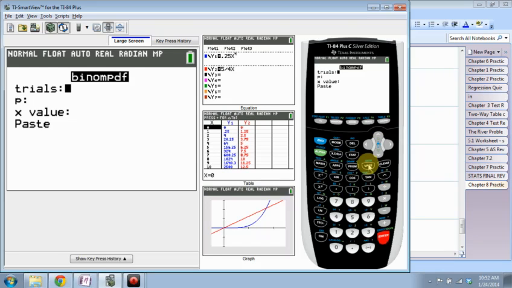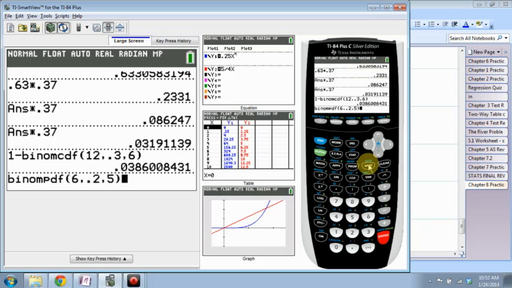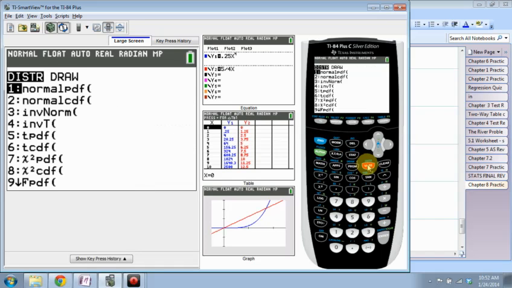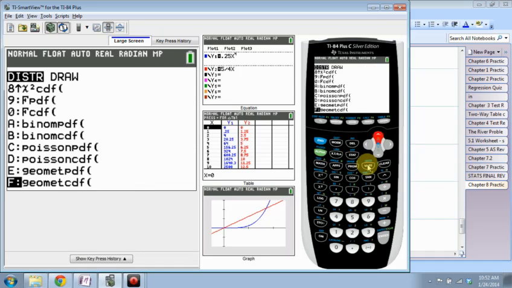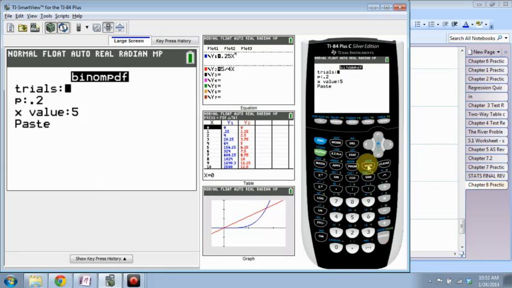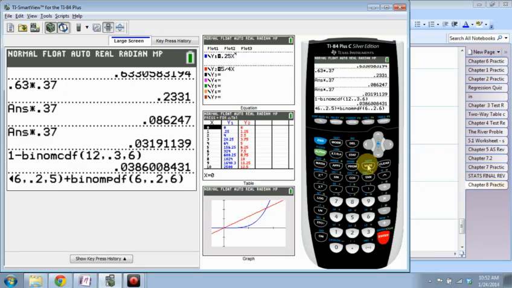So we're doing binomial PDF of 6, 0.2, 5 plus binomial PDF of 6, 0.2, 6. If we add these 2 binomial PDFs together, that's the probability that X equals 5 plus the probability that X equals 6.